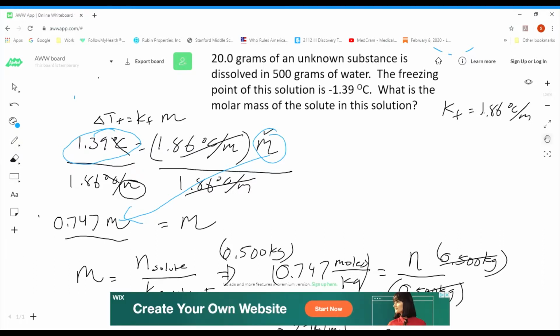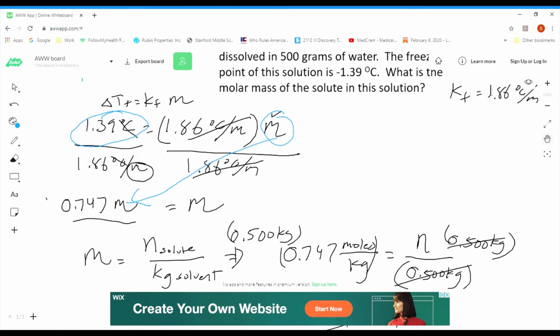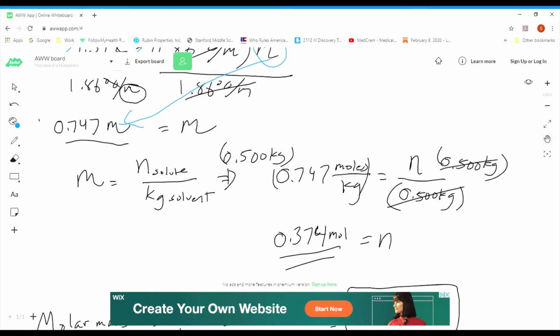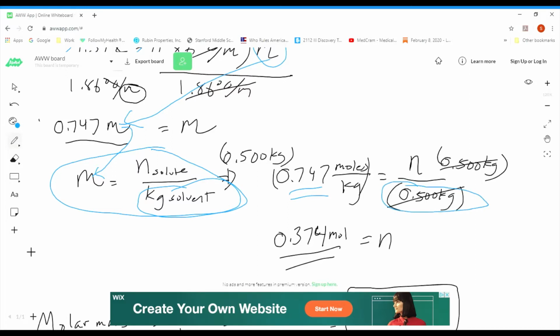Then, once we had that, we were able to plug it into the definition for molality, which is right here. We were able to plug this number in here. And since we knew the kilograms of solvent, or we can figure it out, we're told 500 grams of water, 500 grams is 0.5 kilograms.